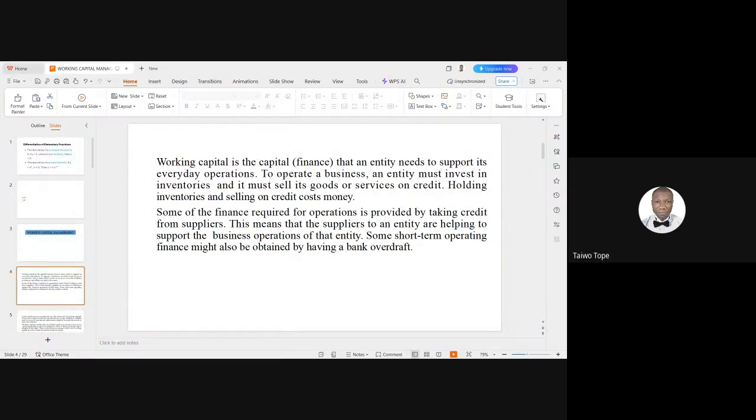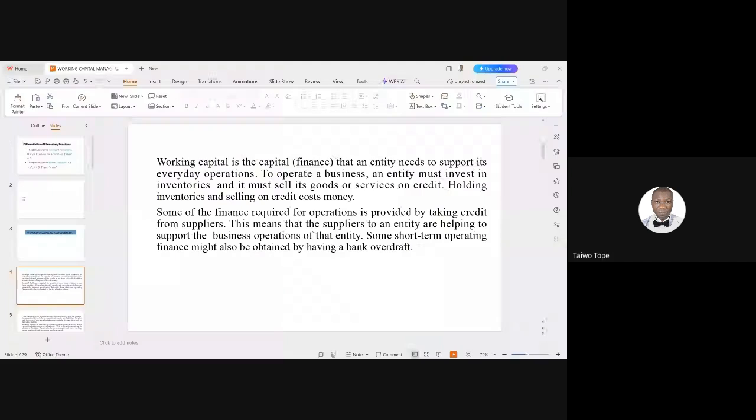When you are determining working capital ratios, one of the ratios we look at is the current ratio. The concept of current ratio is your current assets divided by current liability. And the standard is 2:1, that your current assets should be twice your current liability.